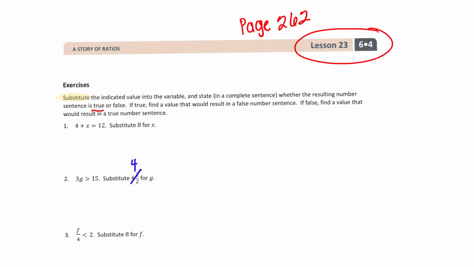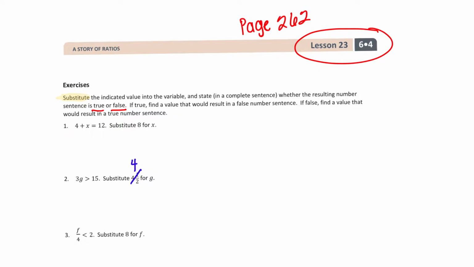If the number sentence is true, we find what makes it false. If it's false with the value they give us, we find what number makes it true. In other words, we need to know when it's true and when it's false. Let's look at the first one.